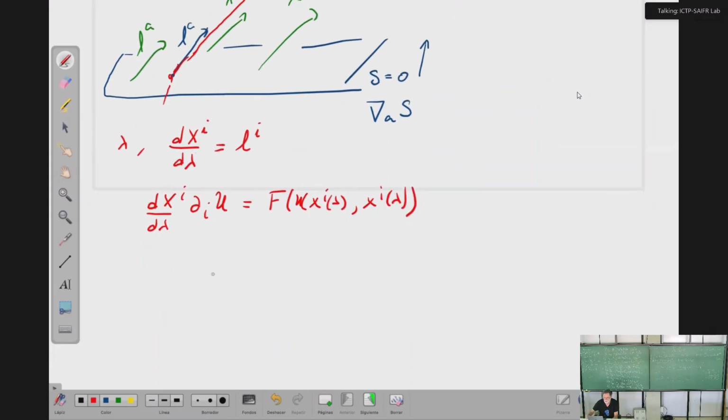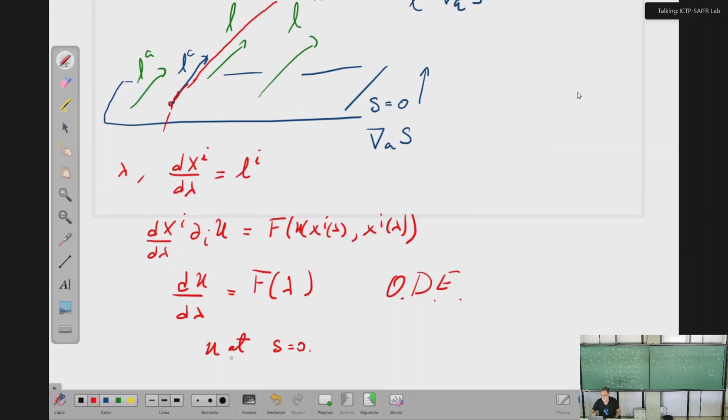And so here this is just du d lambda equals f of lambda, where lambda enters here and here, right? And this is an ordinary differential equation. So we know how to solve this, given u at s equal to 0, okay?